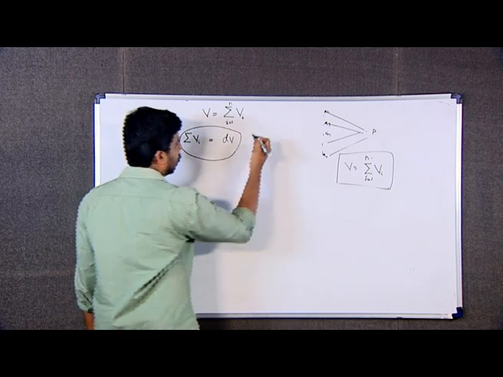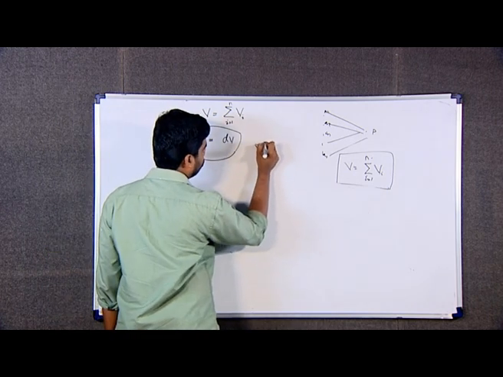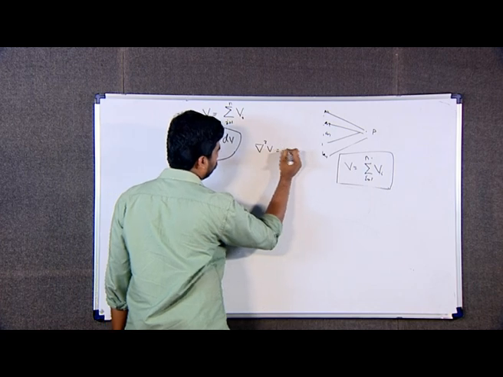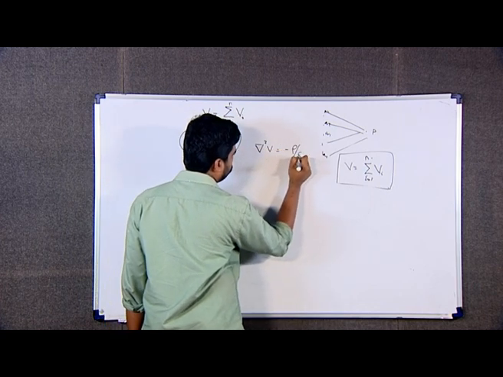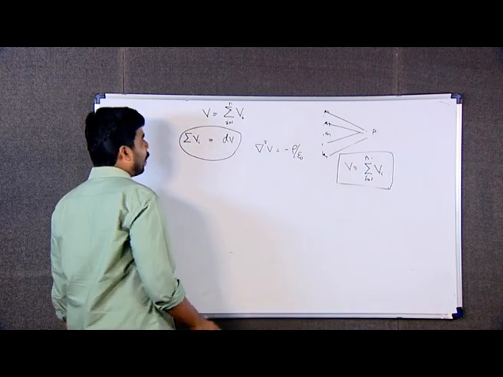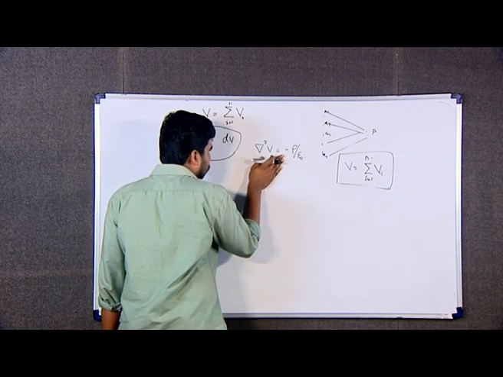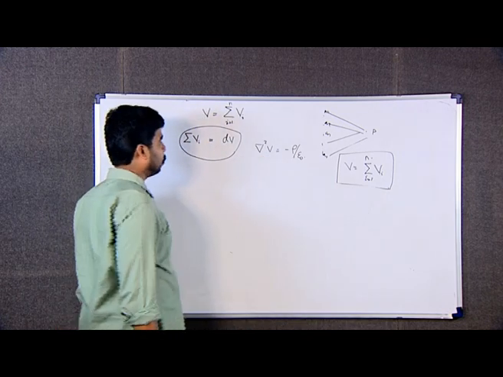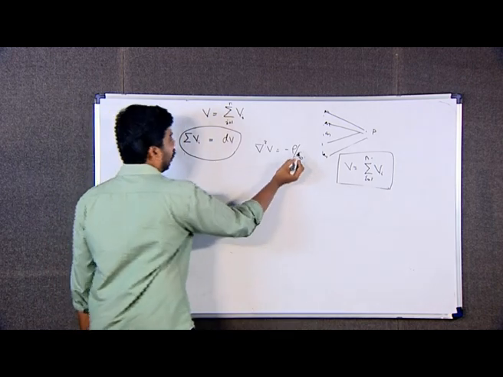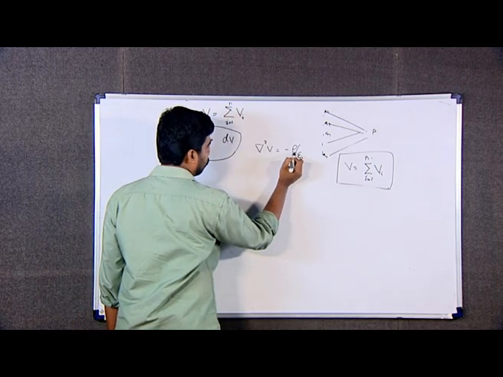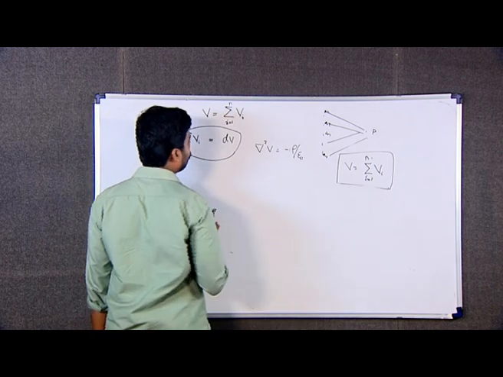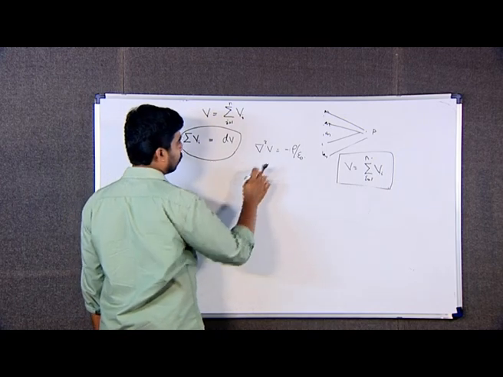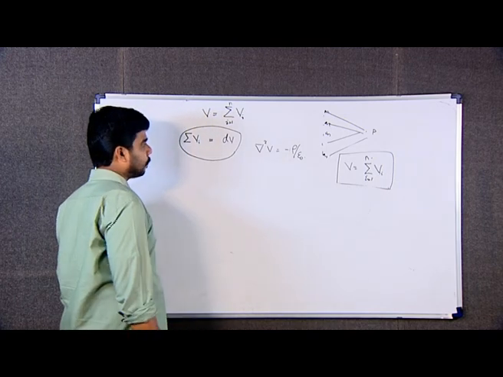And we know that according to the Poisson's equation, del square V is equal to minus rho by epsilon 0. So, what is the advantage of this Poisson's equation? On integrating this equation with respect to rho, we will actually get the value of the potential.